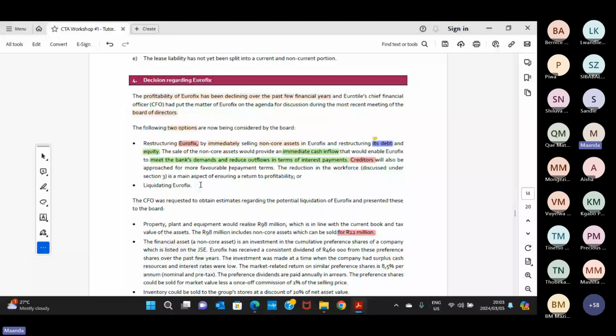And then again, you can also talk about some of the things, right? So if we're restructuring again with the 12 million, how the 12 million that we are selling, if this thing takes time, we might need money in the interim, right? To say that we are able to still service some of these things.